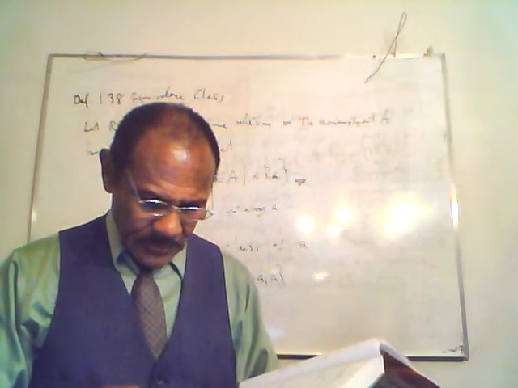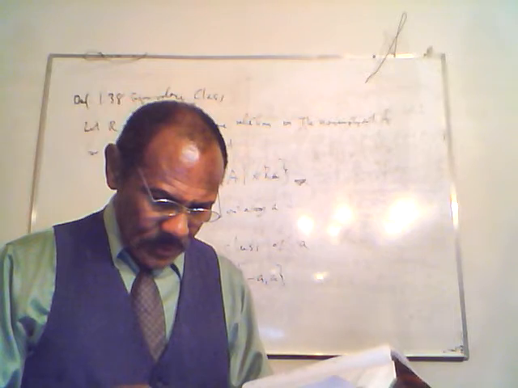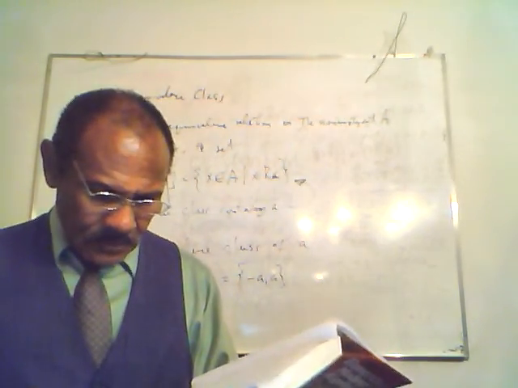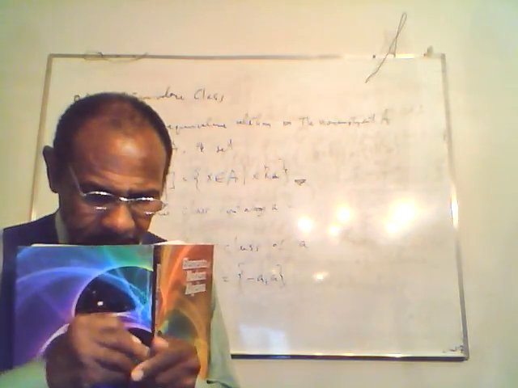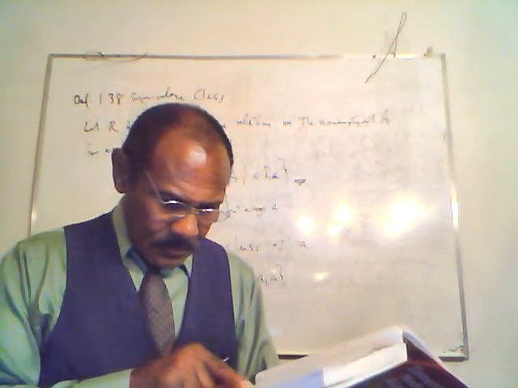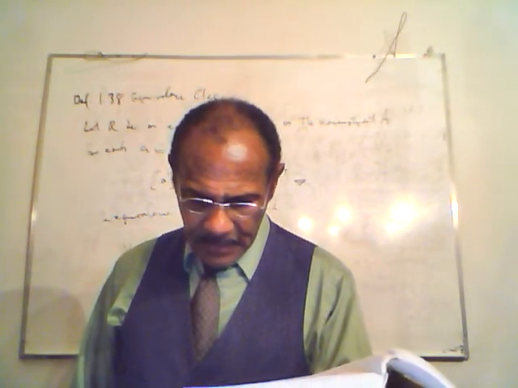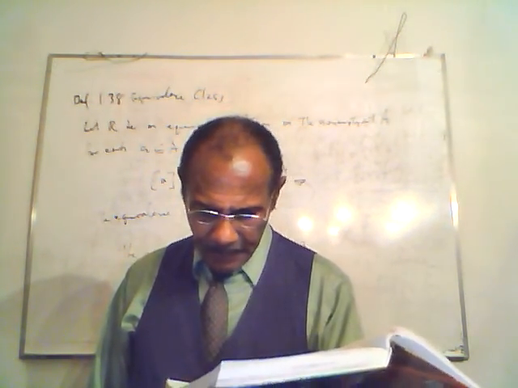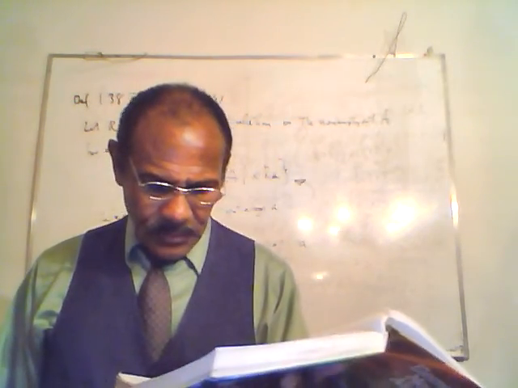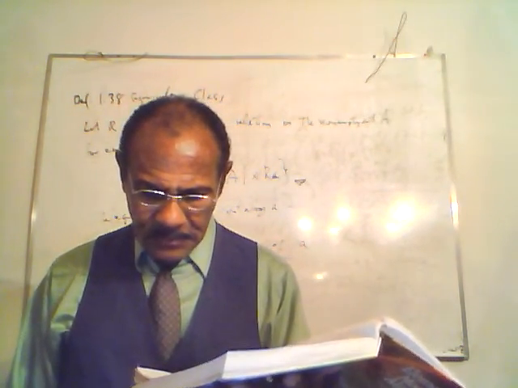Recall from section 1.1 that the separation of elements of a non-empty set A into mutually disjoint non-empty subsets is called a partition of A. It is not difficult to show that if R is an equivalence relation on A, then the distinct equivalence classes of R form a partition of A. Conversely, if a partition of A is given, then we can find an equivalence relation R on A that has the given subsets as its equivalence classes.